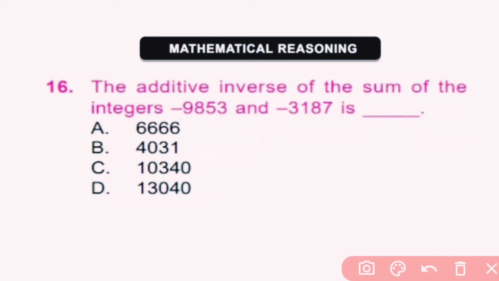Now we will start with the second section, mathematical reasoning. Question number 16. The additive inverse of the sum of the integers minus 9853 and minus 3187 is dash. So here we first find the sum of these two numbers.